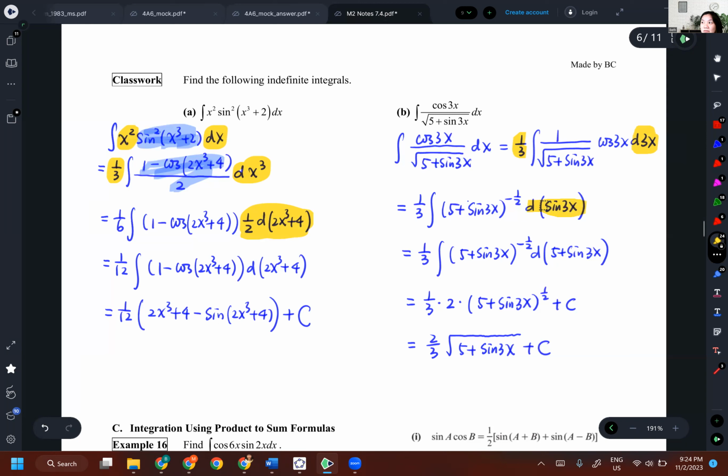Cosine u du, d sine u. This is similar with the previous thing we did, but this time without negative sign. Because this one doesn't have a negative sign, which is good. And then in my next step, adding 5. And then the integration.